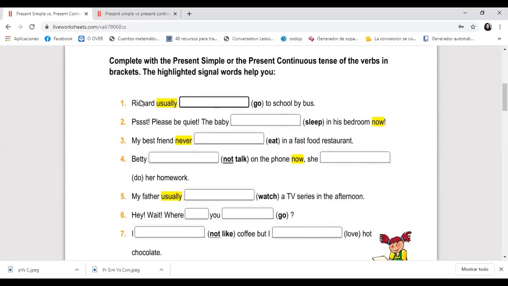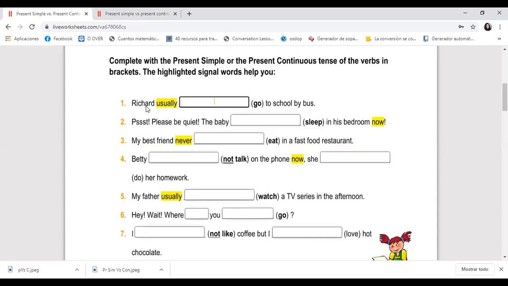Here we have Richard, so we have the same as having the pronoun he, yes? He or Richard is the same because they are boys. So we have usually. Do you remember usually? It is an adverb of frequency. So what are you going to use? Present simple or present continuous?